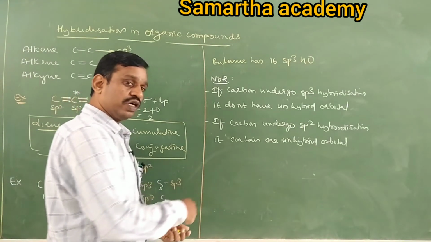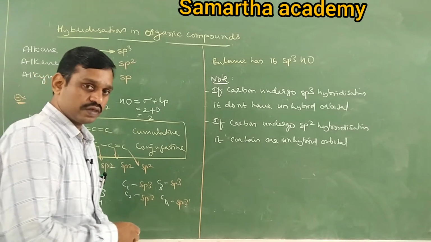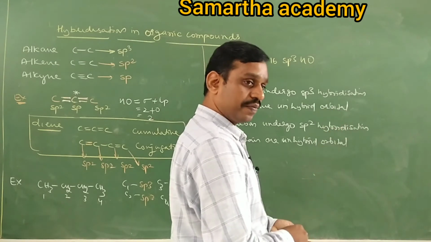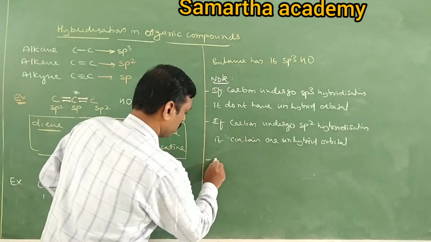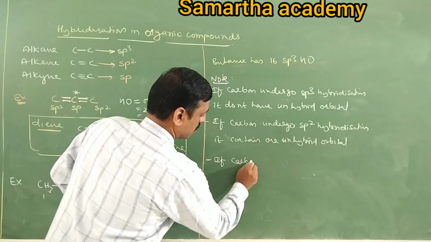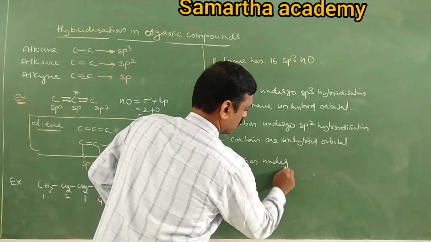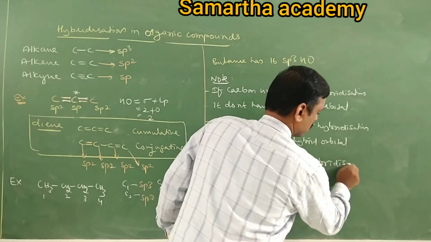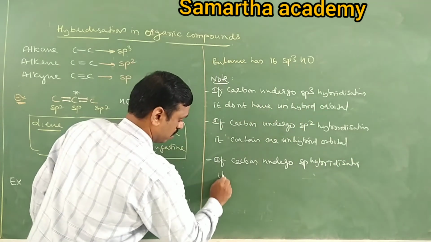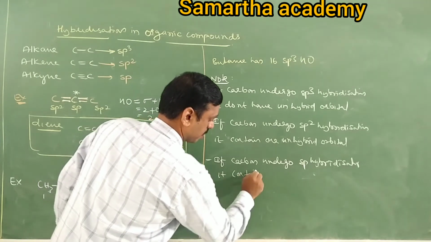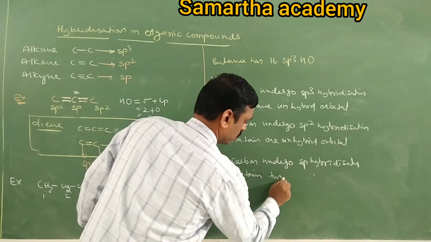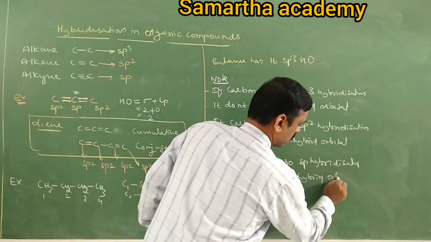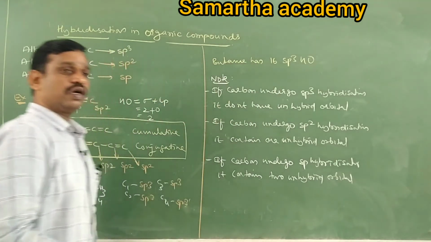Perpendicular to the hybrid orbitals, right? Unhybrid is always placed perpendicular to the hybrid. Next, if carbon undergoes sp hybridization, it contains how many? Two unhybrid orbitals, and they are perpendicular to the hybrid orbitals.